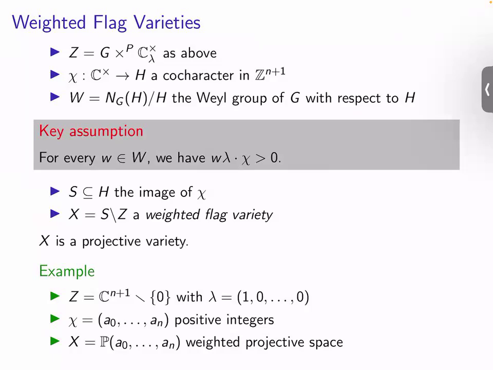So from the previous example, if you choose chi to be a sequence of positive integers, the W translate of lambda just moves that 1 to whichever coordinate you want, and then the pairing with chi picks out the corresponding integer. And so if you choose positive integers, it satisfies this key assumption. In this case, X, the weighted flag variety, is weighted projective space like you would find in an introductory algebraic geometry book.